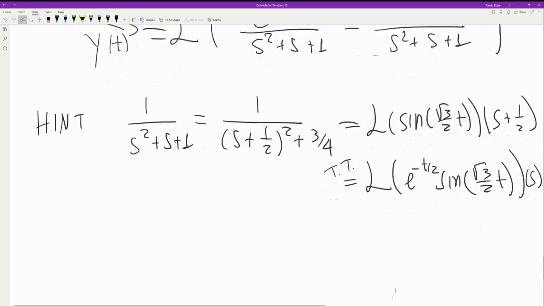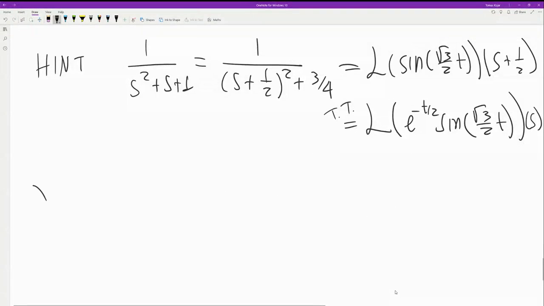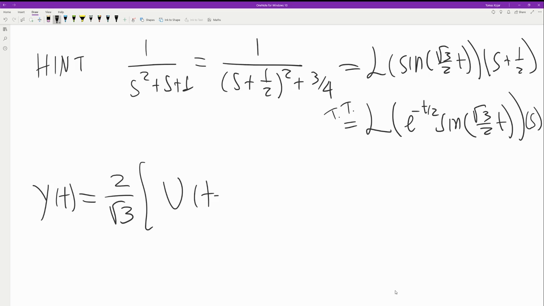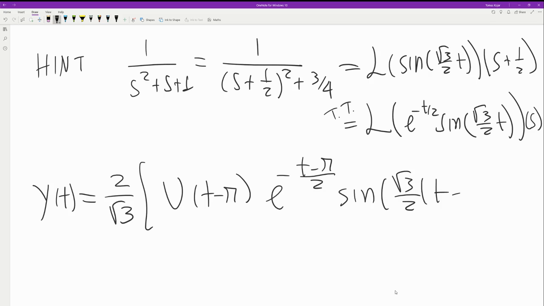And let me give you the final answer so you can check. It would take a while. So we have 2 over square root 3, step function u(t minus pi), e to the minus (t minus pi) over 2, sine of square root 3 over 2 (t minus pi).